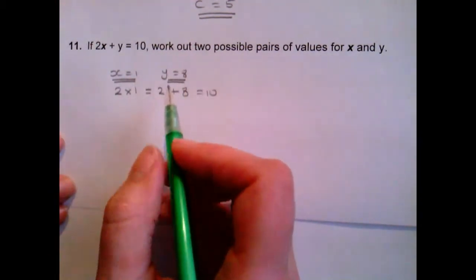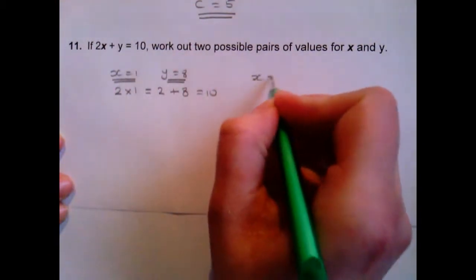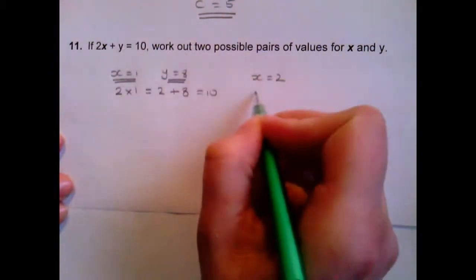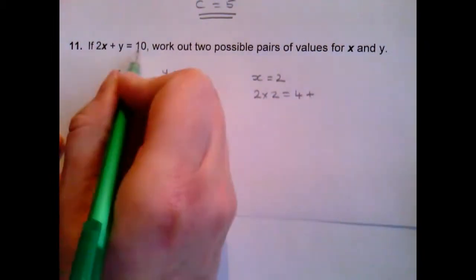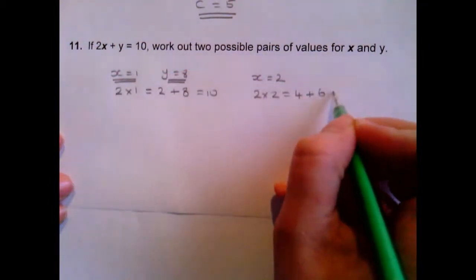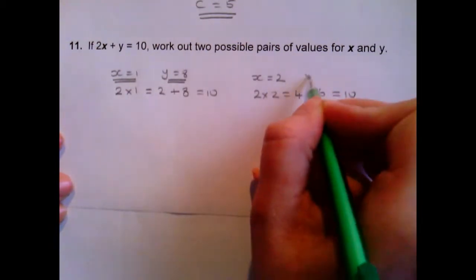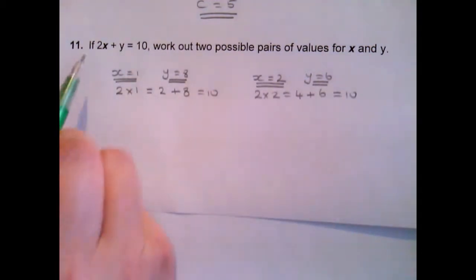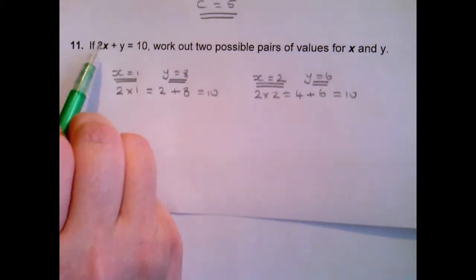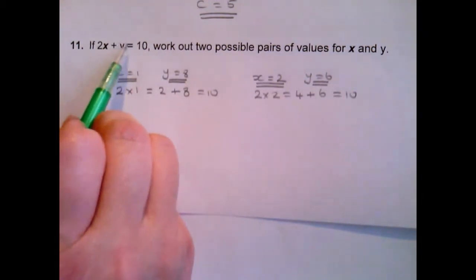So then find another pair, maybe put x equal to 2. So if I put x equal to 2, 2 times x would be 2 times 2, which would get me 4. And then plus something has to get me 10. So plus 6 would get me 10. So that means that y would have to be equal to 6. There are more answers than that. You could put x equal to 3 and do 2 3s or 6 plus 4 would get you 10.